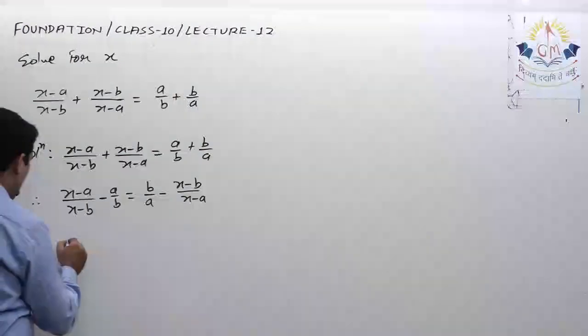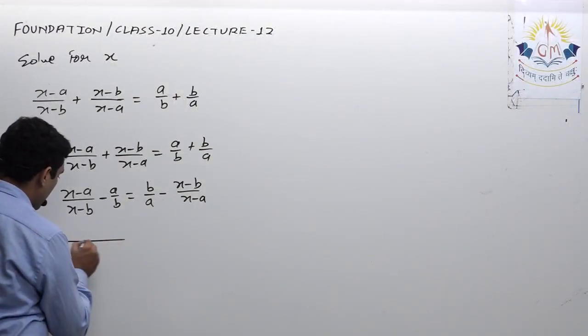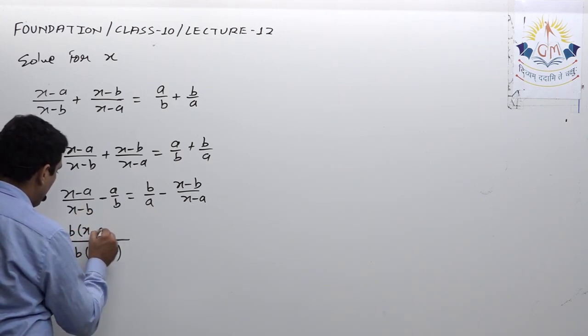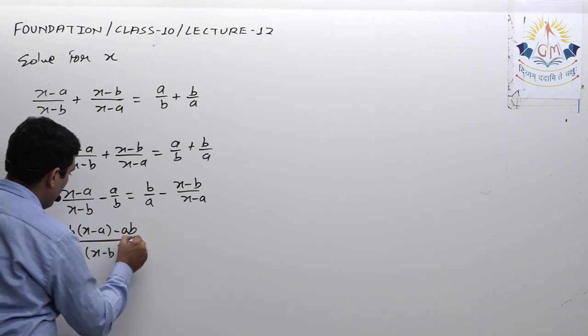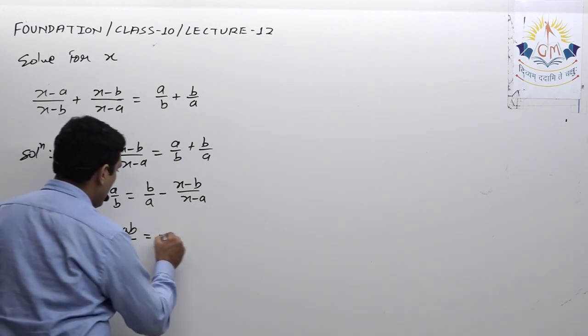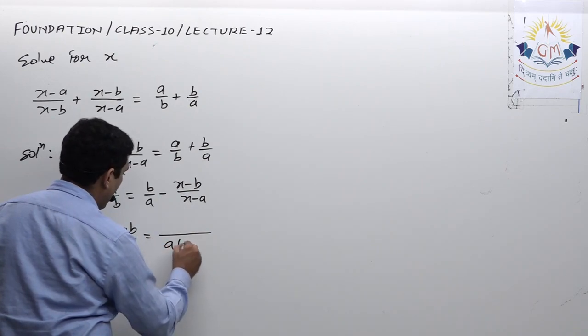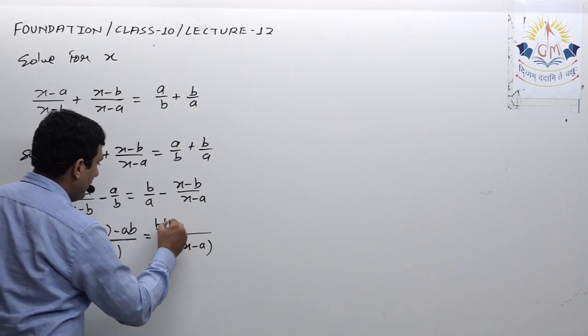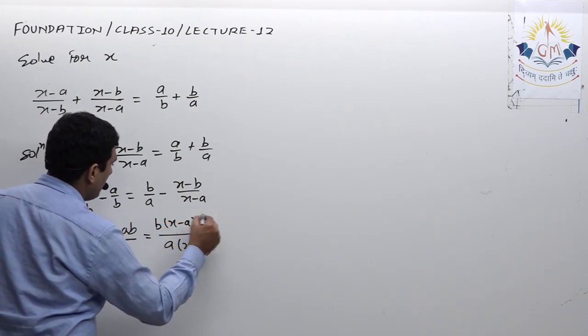Now definitely I have to take the LCM. Here the LCM will be b into x minus b, and over here I will get b x minus a minus ab. Similarly over here I'll get a into x minus a as the LCM.